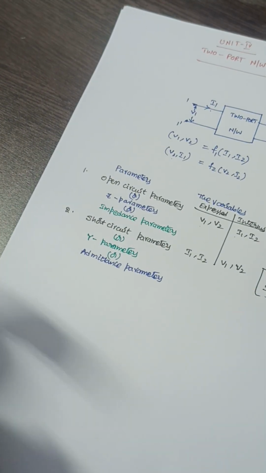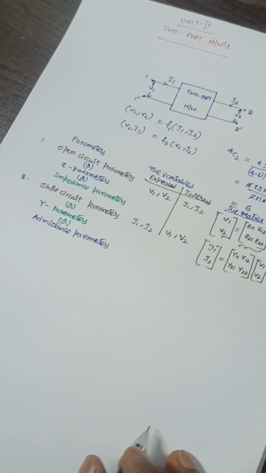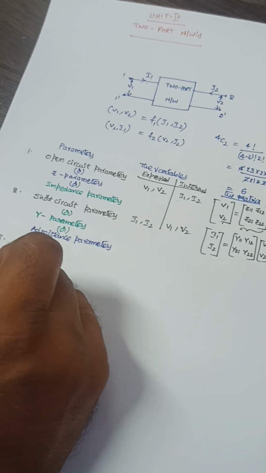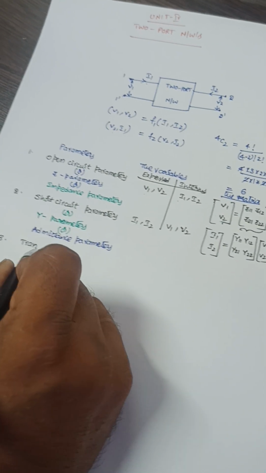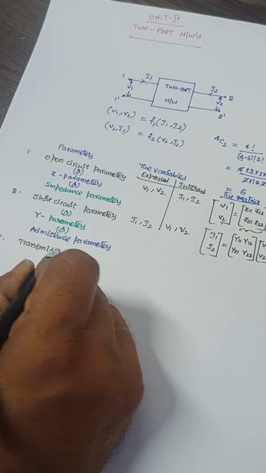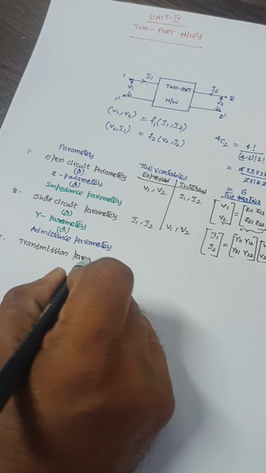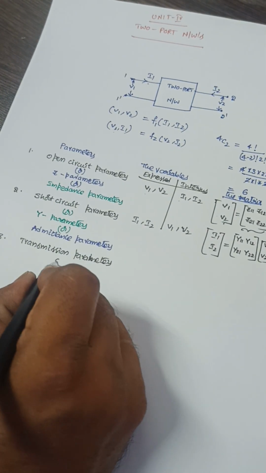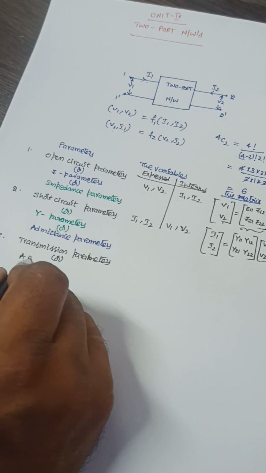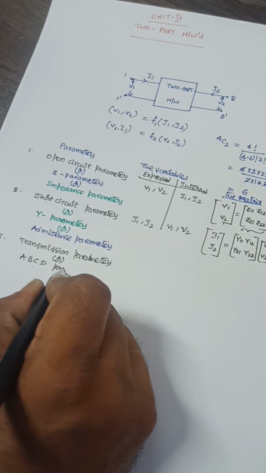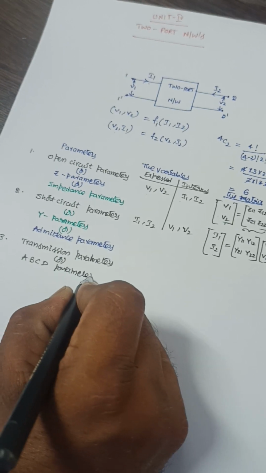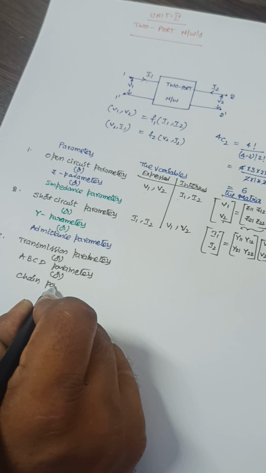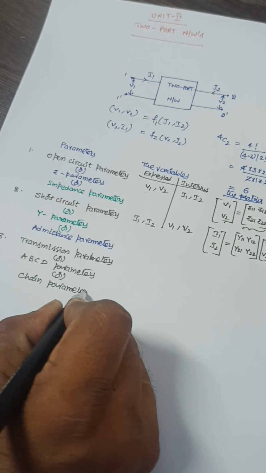Next, the third one is transmission parameters, or another name for these is ABCD parameters, or chain parameters.